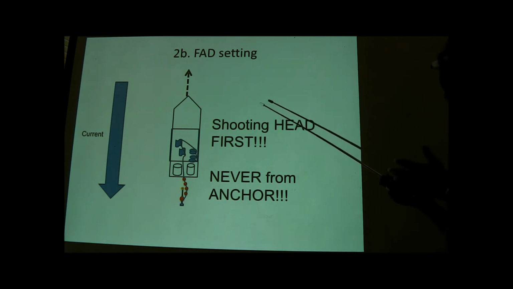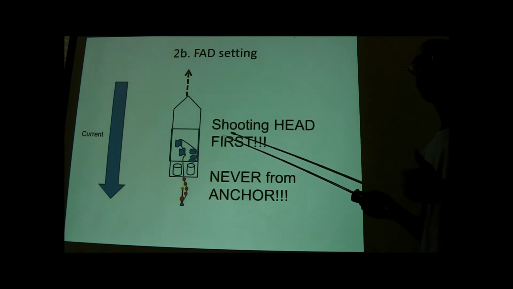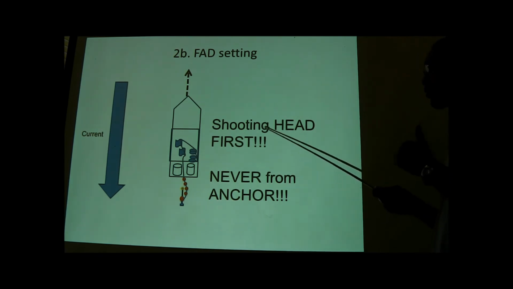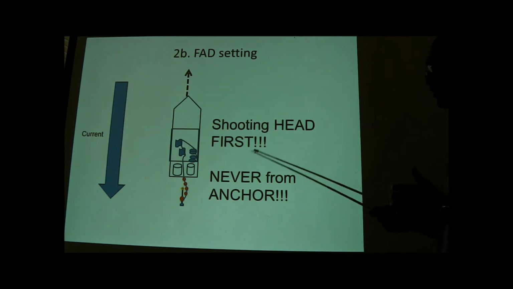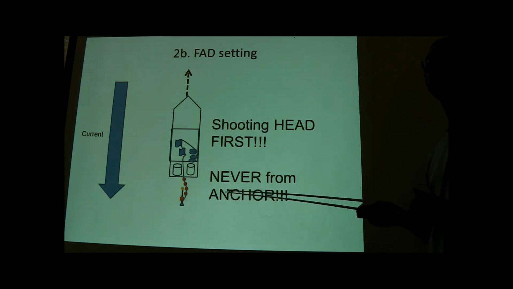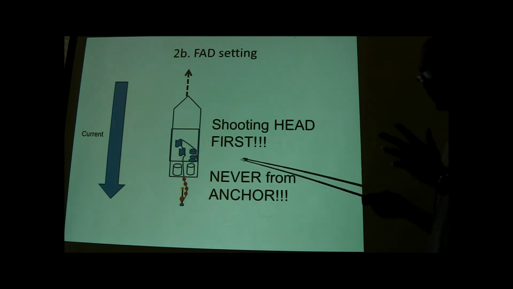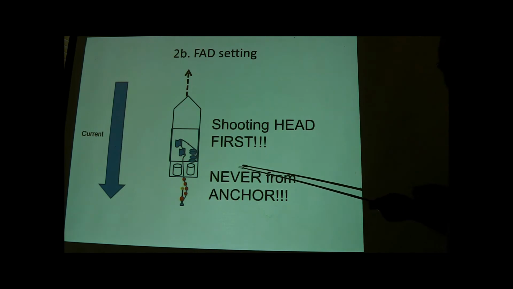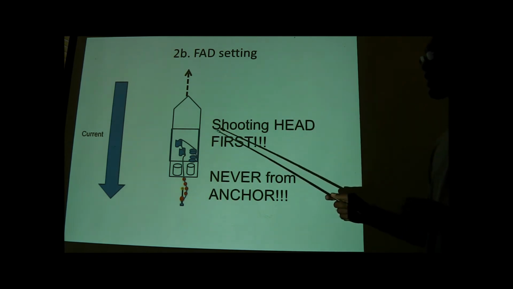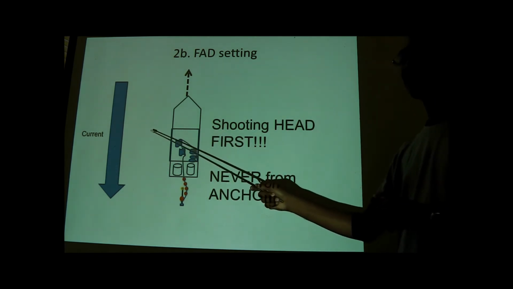But this is an advice that I never give. And to all fishers, we would always propose that you shoot the entire head first and never from the anchor area, as this type of action could be very dangerous and not encouraged.